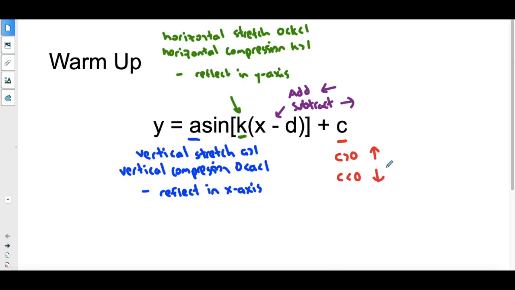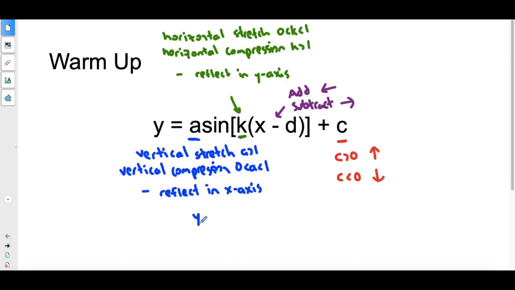And just a couple things I want to note before we look at some examples. My a value here tells me what I have to multiply my original y values by. So, if I had a graph of y is equal to sine x, and then I put an a in front, my a value would tell me how much I need to multiply my original y values by to get my new y values.